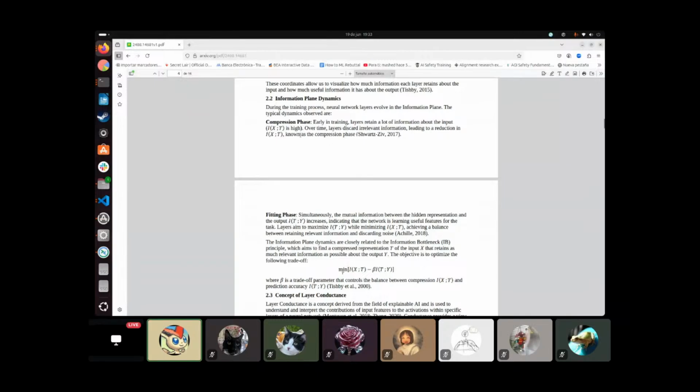Yeah, I wonder what happens if you run this kind of metric on different models. I have some ideas, like in the Leela chess model, for example, where it does the search thing.